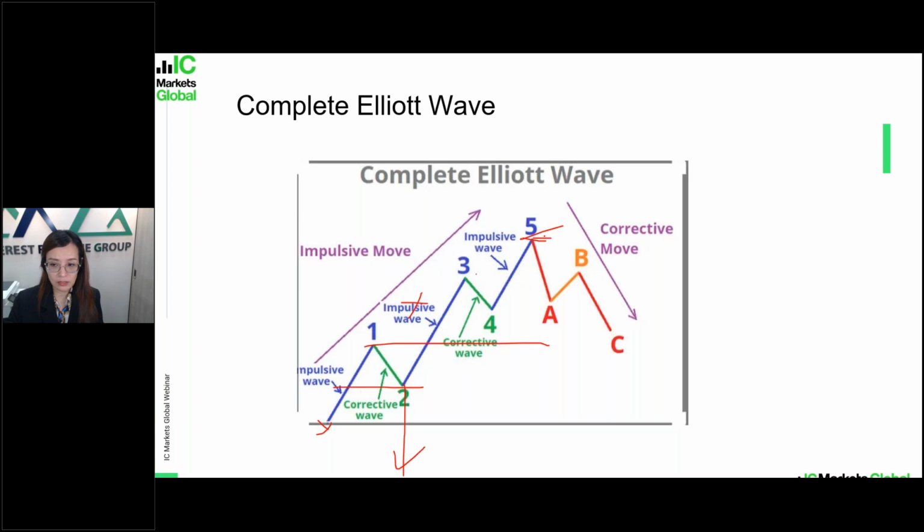Then you can see that this might be the end of wave 5, and you will put your TP over there. After wave 5 finishes, there might be a corrective move, which is A, B, C, and then there might be another 1, 2, 3, 4, 5, continuing the Elliott wave cycle.